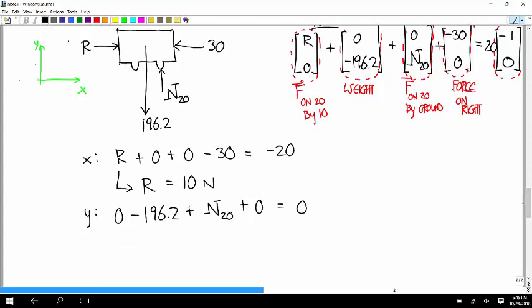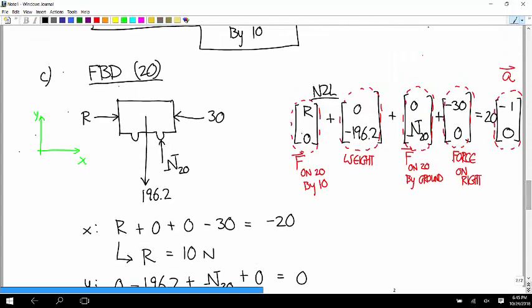But the thing we wanted all along was to calculate this r so we could fill in what's missing from this force vector on the 20 by the 10. So we're going to use the x equation to find that r.